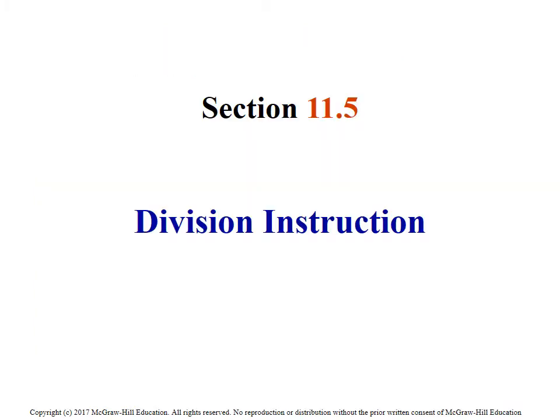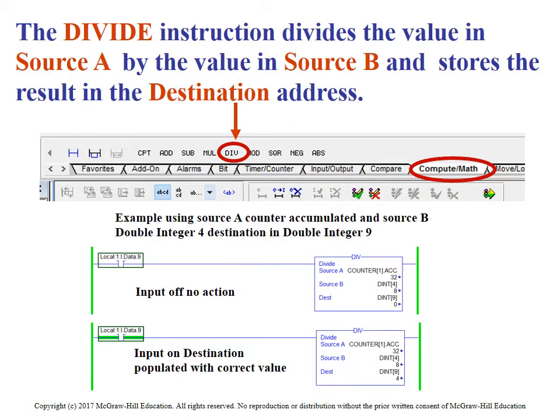Okay, moving into division. Here we are talking about division instructions. Again, under Compute/Math, we've got the division. Division has a couple of aspects to it that we'll be discussing here in a bit.